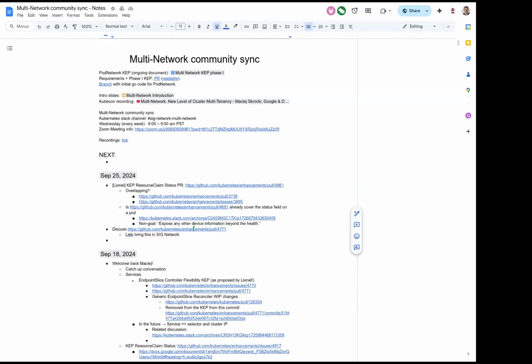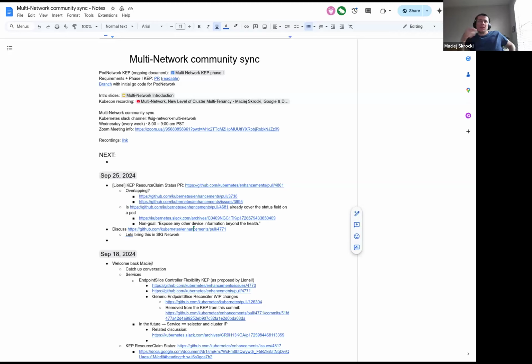I have the code, but I need to move some tests from end-to-end to integration tests and have the feature gate. It's very easy. I need to test the feature gate also. Okay.